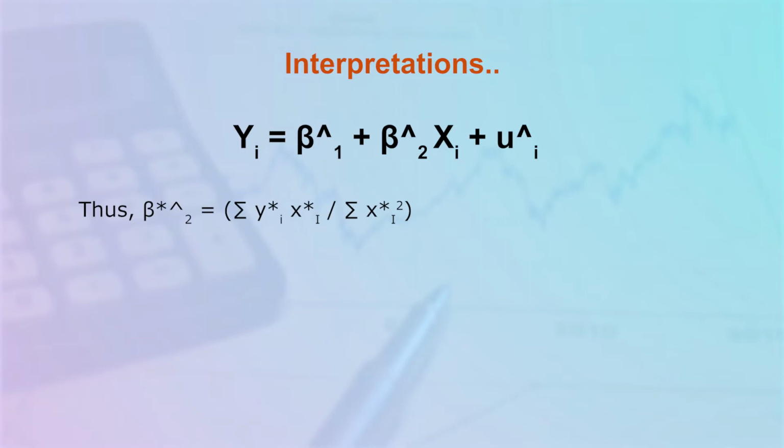Now we go back to our very original expression of beta hat 2, which means the estimated value of the slope coefficient. In a normal model which is not rescaled, keeping the originality of the model, the formula of beta hat is summation yi xi by summation xi square. In this case, yi and xi are not existing in that way.